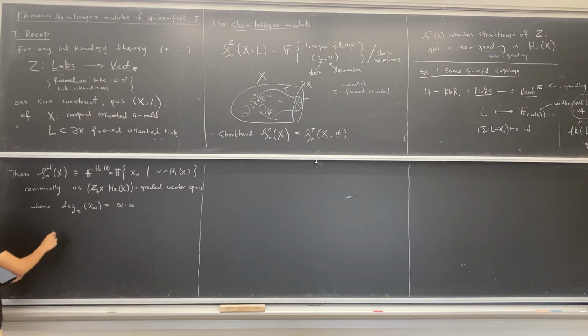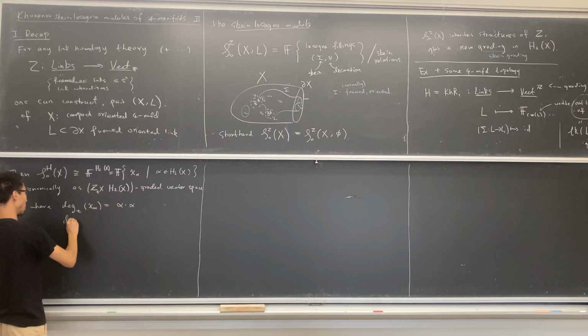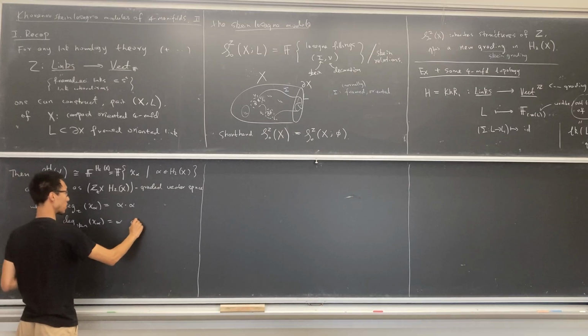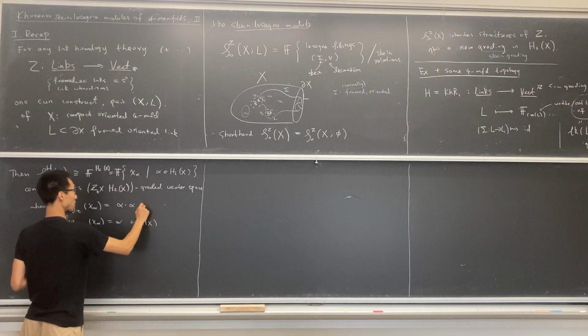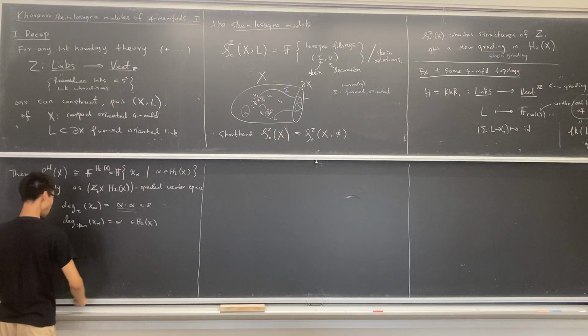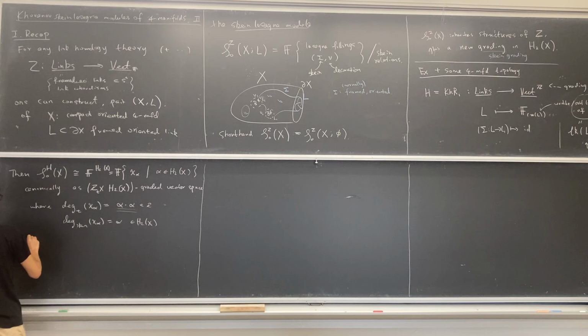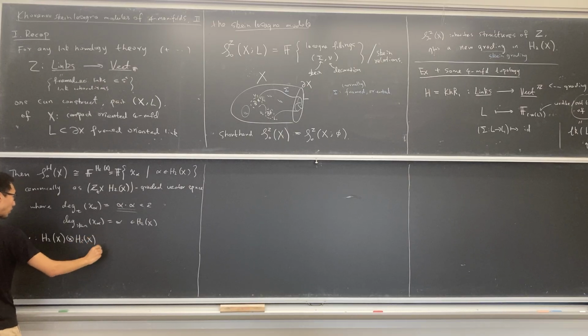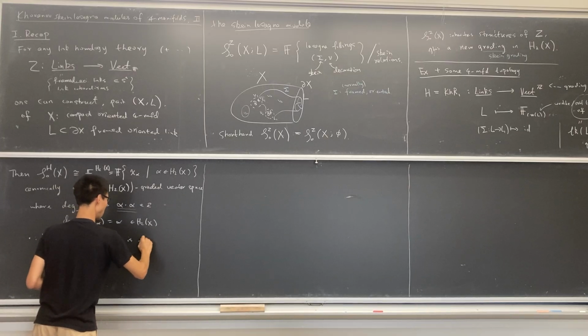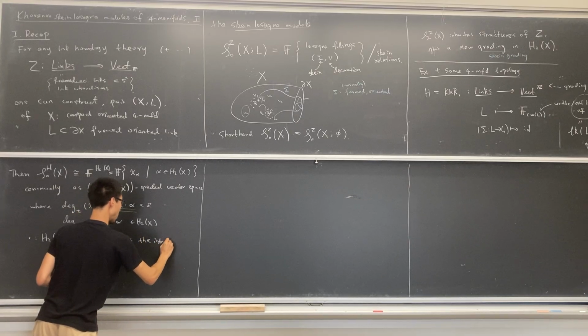I will get to this in a moment, and the skein grading alpha, so this is inside H2 of X. This is an integer, and here this dot is a pairing on H2 of a four-manifold tensor itself to Z. This is the so-called intersection pairing.